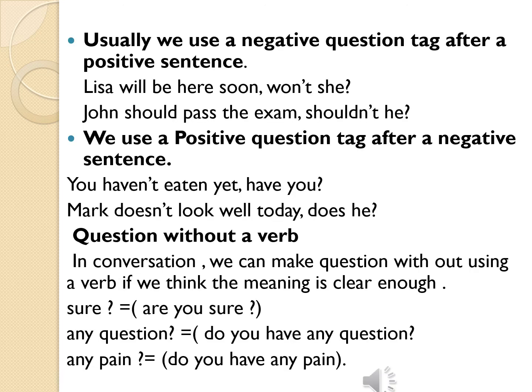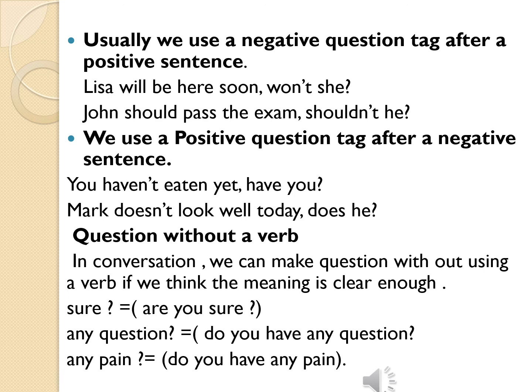Look, usually we use a negative question tag after a positive sentence. For example, Lisa will be here soon, won't she? John should pass the exam, shouldn't he? While we use a positive question tag after a negative sentence.